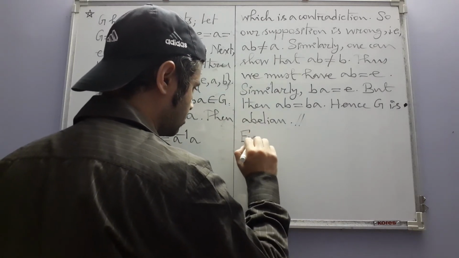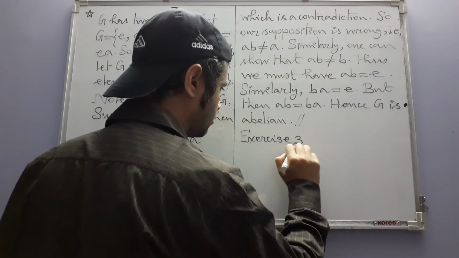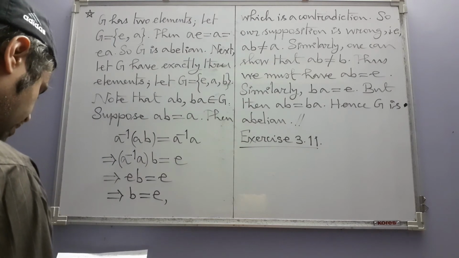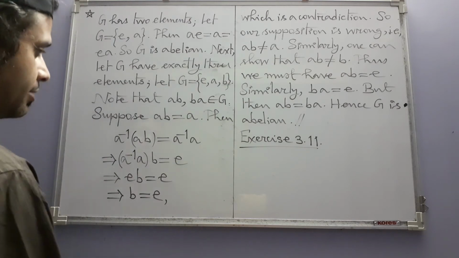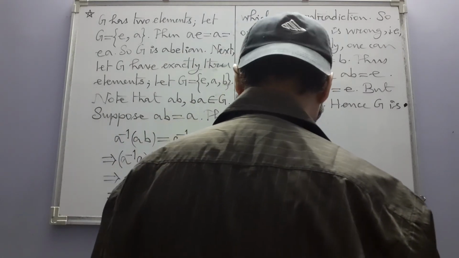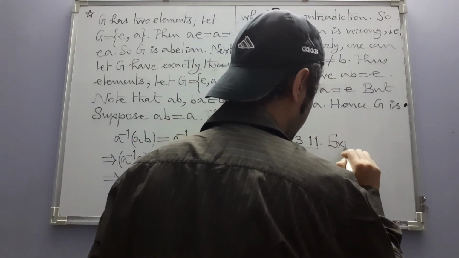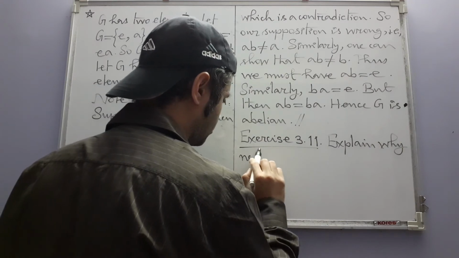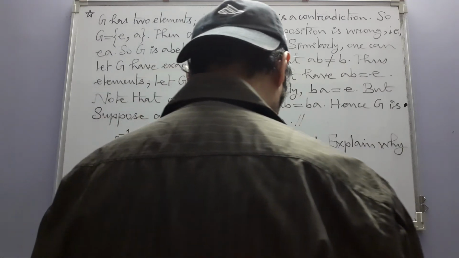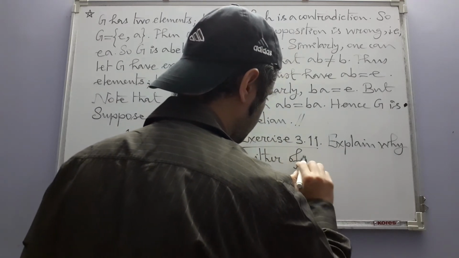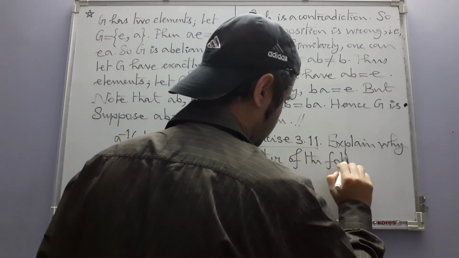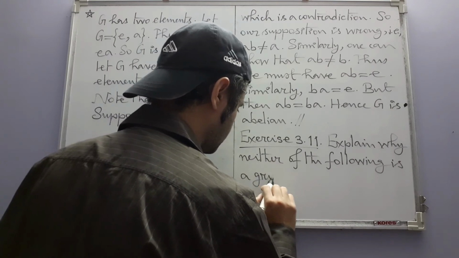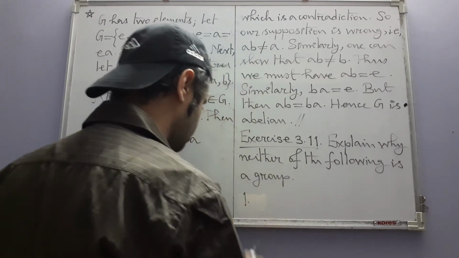Next. Explain why neither of the following is a group. I said whether, there is no such word. So two systems are given to us.